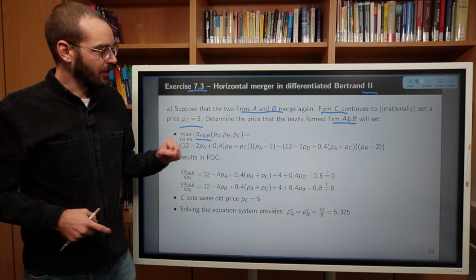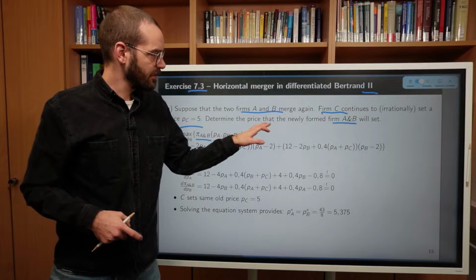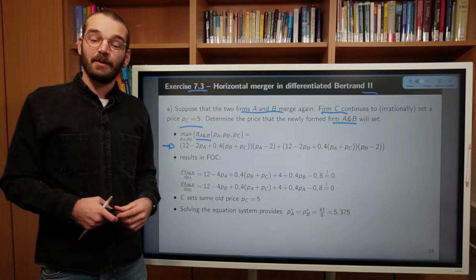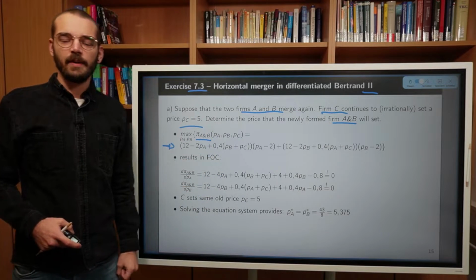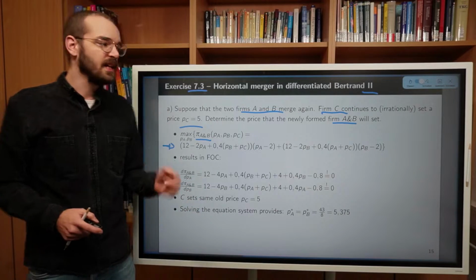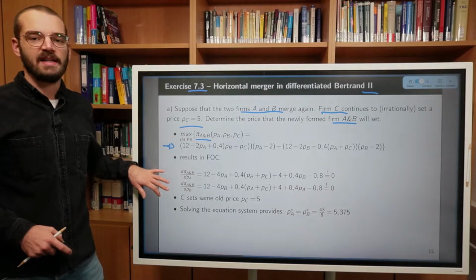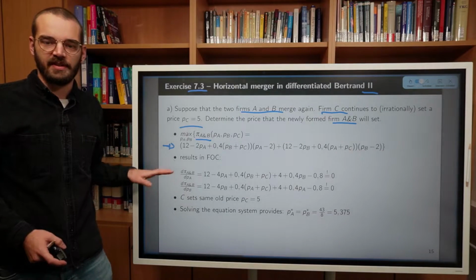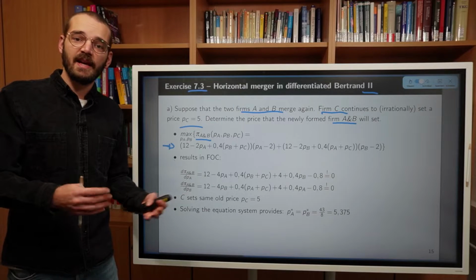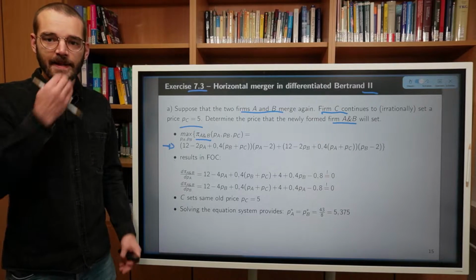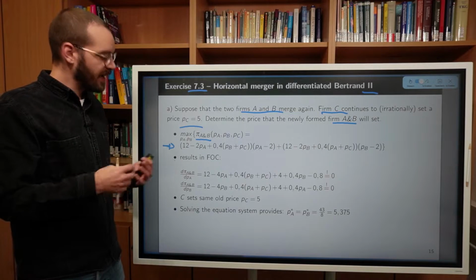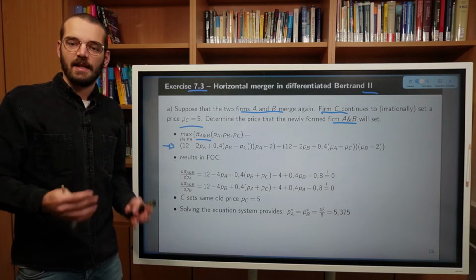If we want to find out the price that the newly formed firm will set, what we're looking for is the new market equilibrium, so the best response of this firm. In other words, we're looking for the profit-maximizing choice of prices of this firm A and B. Firm A and B can choose price A and price B, PA and PB, and by choosing these prices, they will maximize their profit.